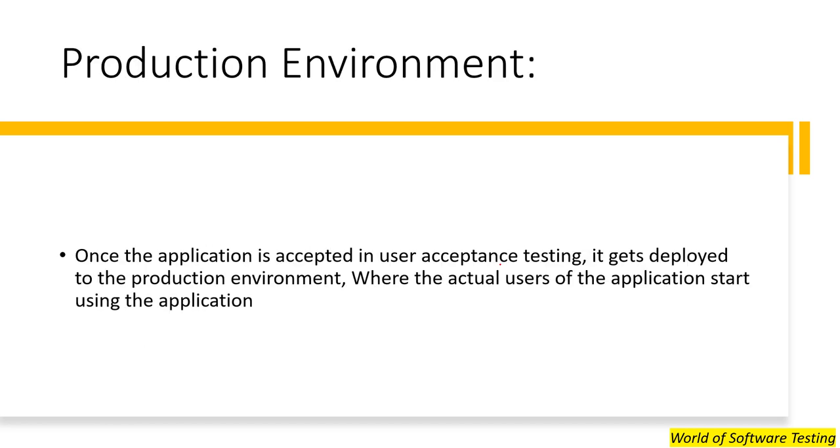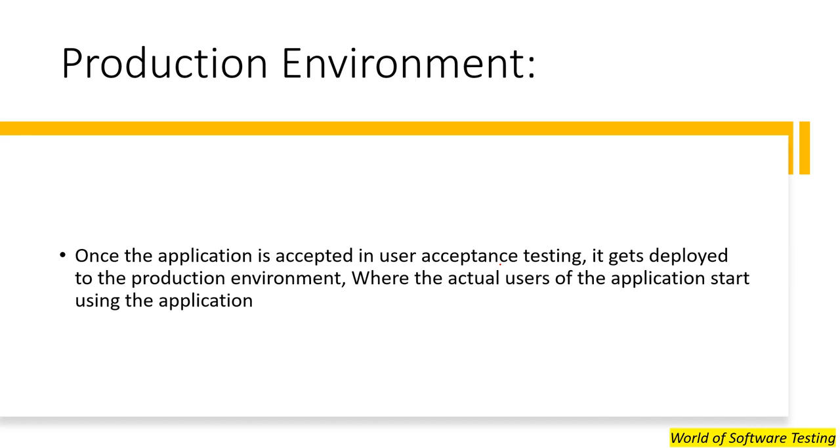Let's move on to the next and last environment, which is the production environment. Once the application is accepted in user acceptance testing by the client or the end user, it gets deployed to the production environment.